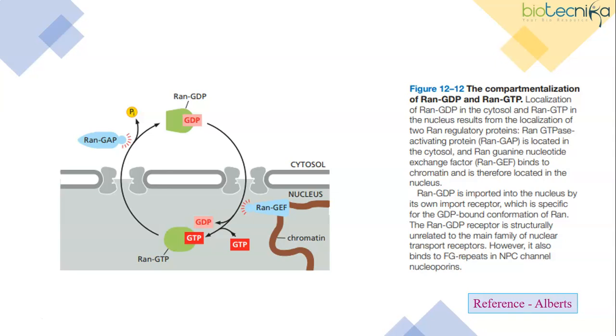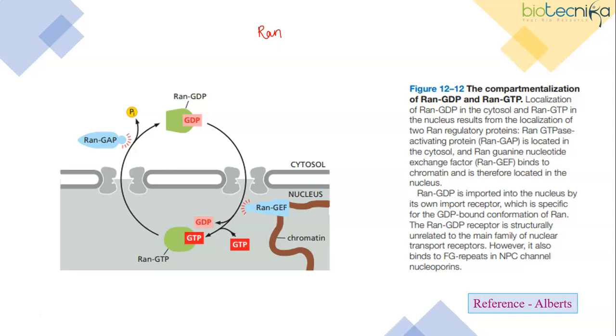This is the image that explains the RAN protein. As I told initially, RAN is a very important protein required for import and export of cargo molecules into or out of the nucleus.